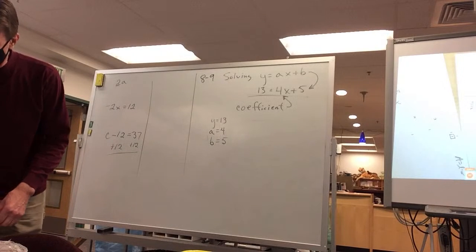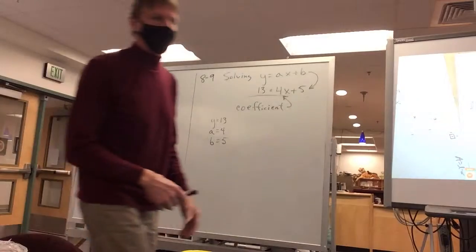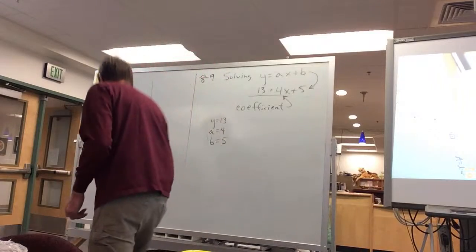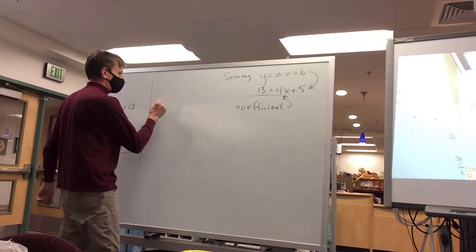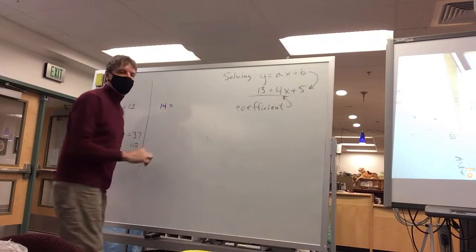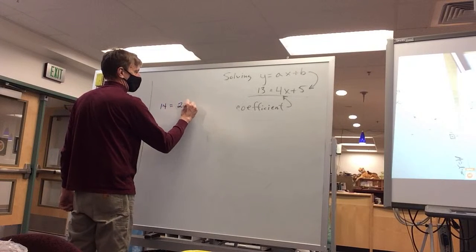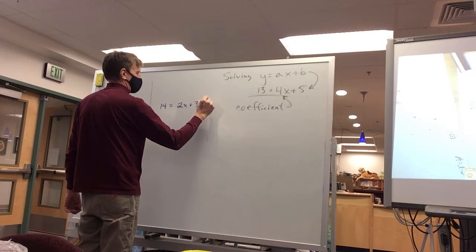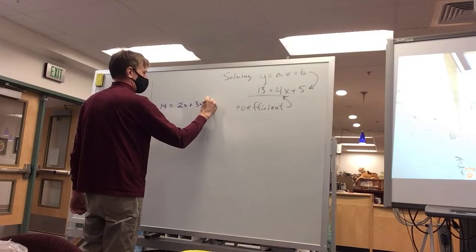There's one more twist that's going to show up, because what they do is they call upon old skills and start adding them in. And one of those skills is going to be combining like terms. So for example, having a problem like this where 14 is equal to 2x plus 3x plus 4.